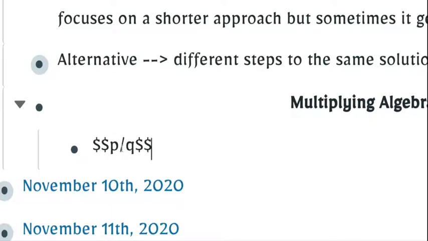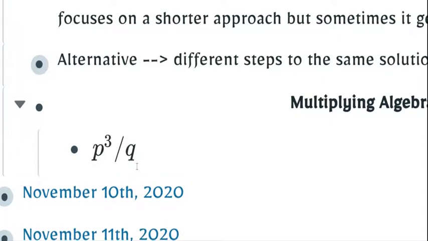So let's say we didn't just have P, we had P to the third power. How would we represent this to solve it?